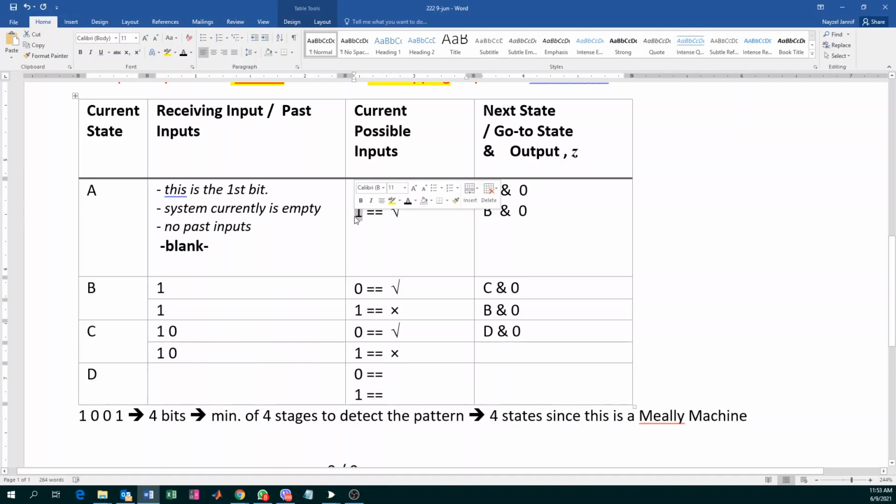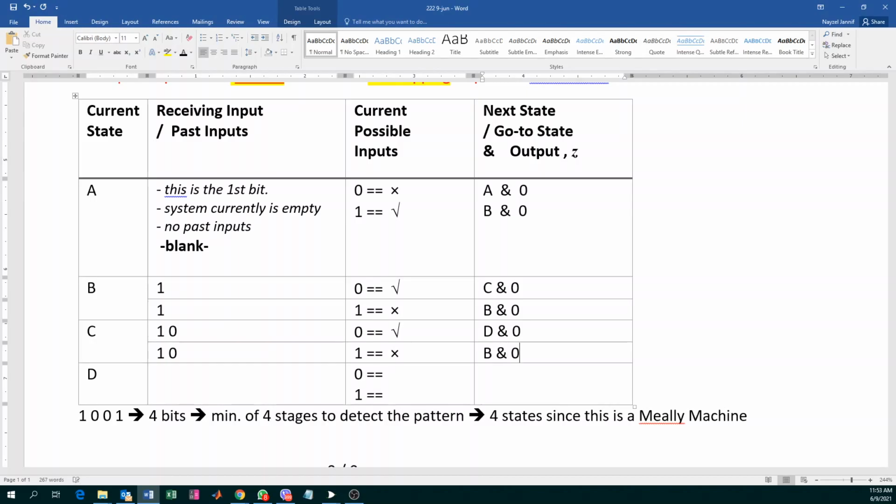You already received a 1. So B assumes that our past inputs have already got a 1. In state B, the assumption is that we already have 1 in the system. So we're going to state B if you have a 1.